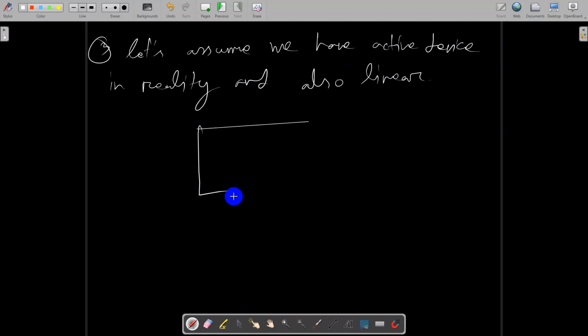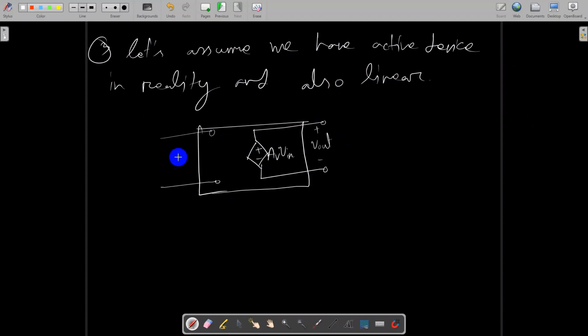I'm drawing that device. This is nothing but a voltage controlled voltage source. It is something like this: A_V times V_in, and this is V_out, minus V_out.